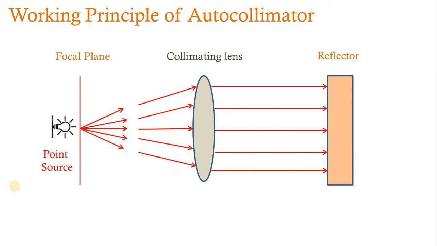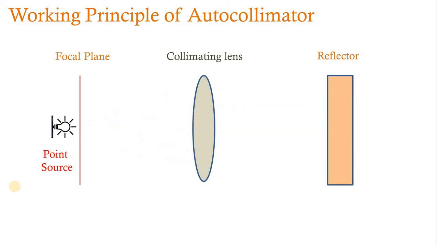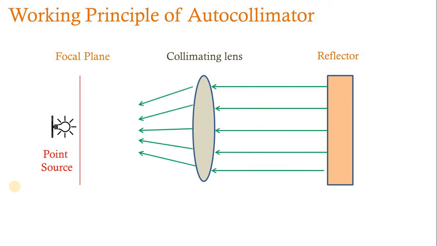If this beam strikes a plane reflector which is normal to the optical axis, it will be reflected back along its own path. You can see all the light is reflected along its own path.